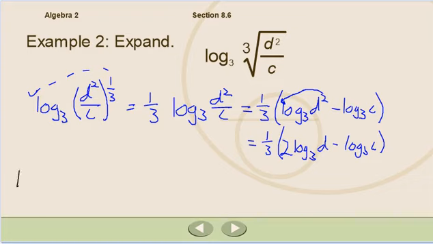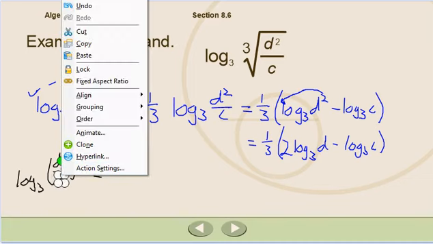where we actually use a rule of exponents first. So this is d squared over c to the 1/3. Well, when we studied exponents, we learned that this exponent on the outside can go to each factor in here.